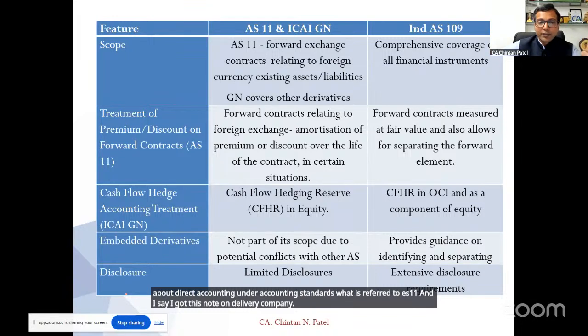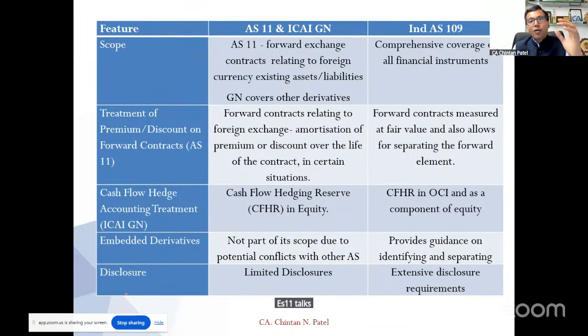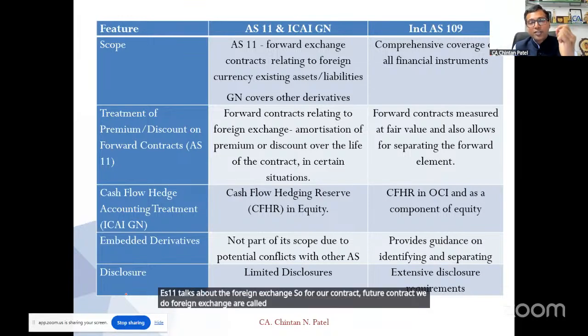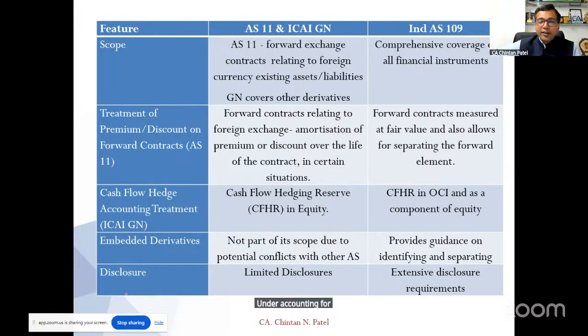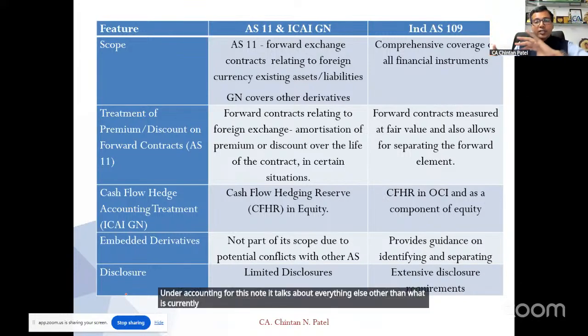AS 11 talks about the related foreign exchange. So forward contracts and future contracts related to foreign exchange are covered under AS 11. The derivative guidance note talks about everything else other than what is covered under AS 11. Ind AS 109 is very comprehensive, which takes care of all kinds of situations.